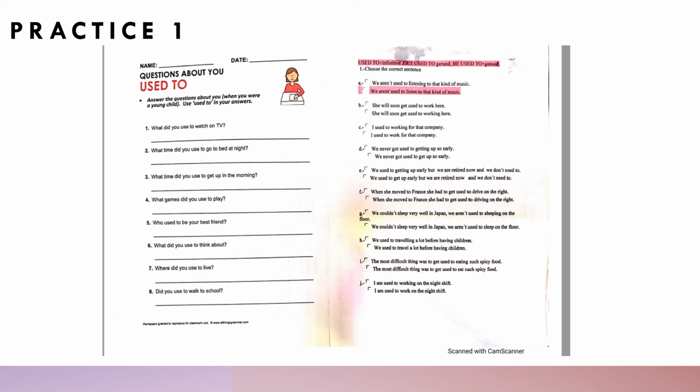On your right, you are given some sentences and you have to decide which one is correct. For each question there will be two sentences for you to decide which one is the correct one in terms of the usage of get used to or be used to. I hope you'll be able to complete the exercises with the guidance from your teacher.